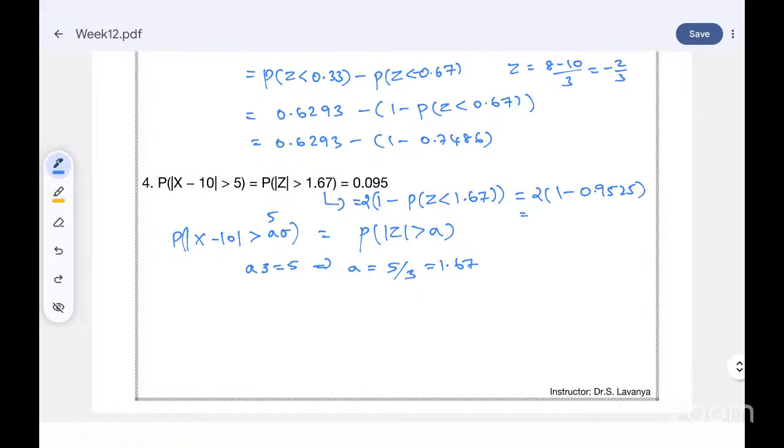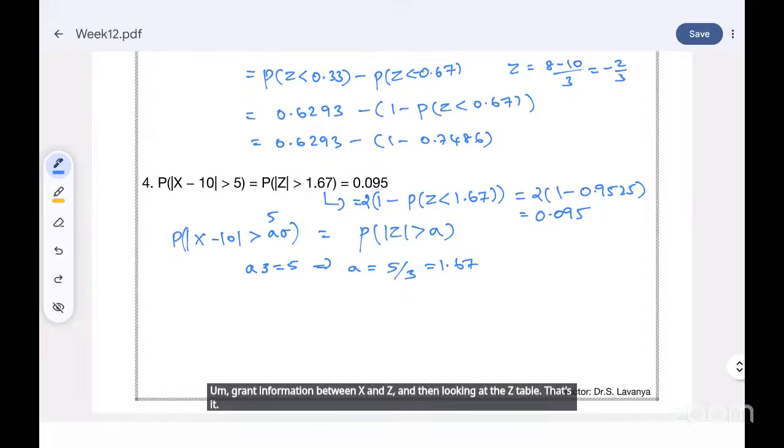So what's the final answer? Yeah, you get the answer, right? Okay. So everything is just understanding the transformation between X and Z and then looking at the Z table.